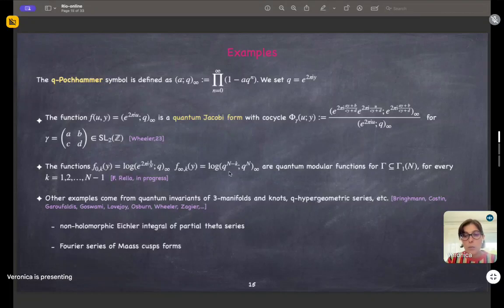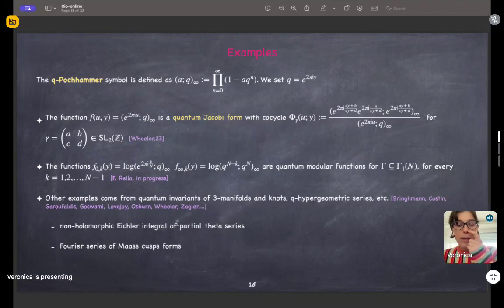Also, these are examples of quantum modular forms, and this is part of the joint upcoming project with Claudia. In particular, the example of local P2 will be a specific example of that one. It will correspond to a specific choice of k and n, as we will see. So you have a family of quantum modular forms that arise from this Pochhammer symbol.